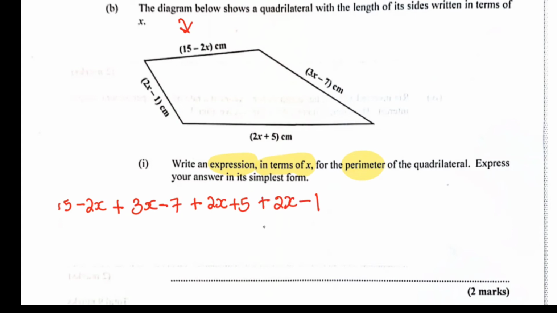So if you focus on, say, the numbers or whatever you want, it doesn't matter. So let's focus on the x terms. I'll highlight them a little bit. You have a negative 2x, a positive 3x, positive 2x, positive 2x. Let's put together the x terms, right? So we could walk ourselves through it.